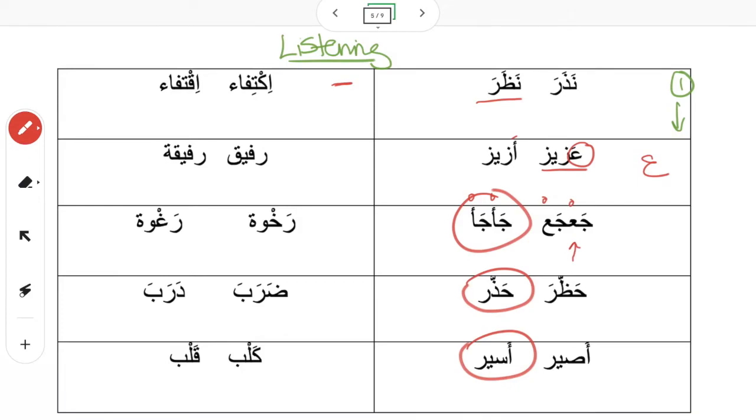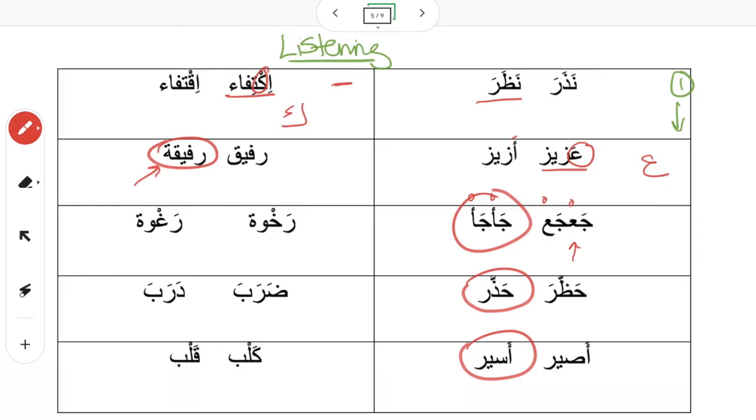Okay, let's move our way up here. If I say iktifa, that's a regular K sound. And this letter right here is the letter kaf. If it was a qaf, it would have been iqtifa. But I said iktifa. Rafiqa.